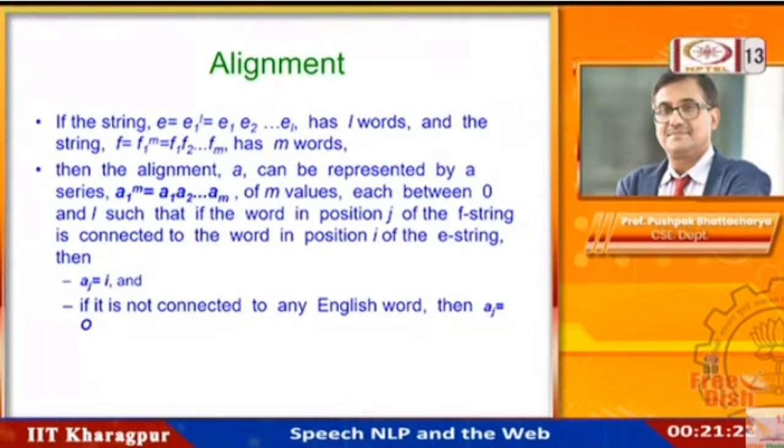If you have Ram advised Sham, Ram ne Sham ko salah diya. So ne doesn't map to anything. Diya doesn't map to anything. Or you can say that salah dena, salah diya together maps to advised. So this formulation is a very nice construction where the index j runs over all the French words and takes a value which indicates the English word's position.